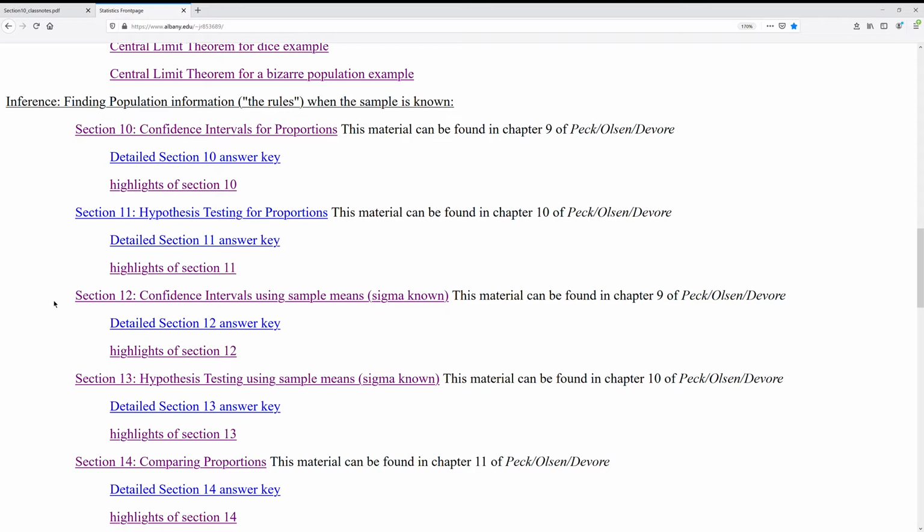Now what you've got to bear in mind is, number one, because this is probability done backwards, inference is probability done backwards, it's very hard to think about properly. Number two, what you're working from is random. So you always want to bear in mind that you could just as easily be working from a different sample. You could just as easily have a different statistic.